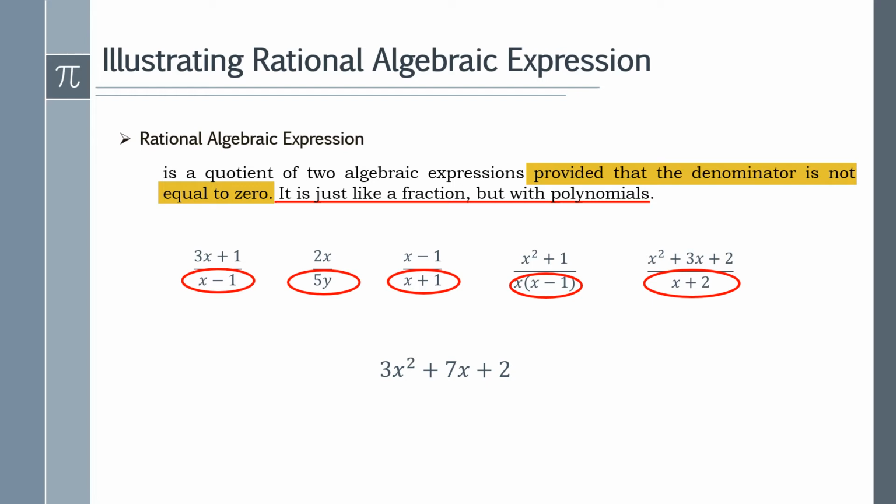If your expression is not in fraction form, it is still a rational algebraic expression, because we can always write it as 3x squared plus 7x plus 2 over 1. Right? There can be an over 1; it is just not written because it is not necessary. So that is still a rational algebraic expression. Just because it is not in a fraction does not mean it is not a rational algebraic expression.